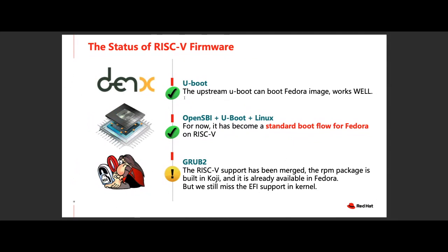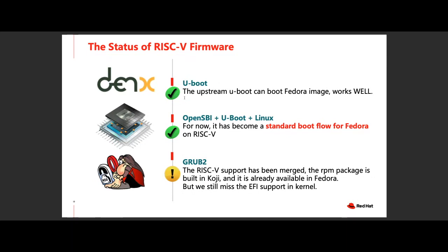After introducing some Linux distributions, we also need to care about the firmware running on RISC-V. The good news is we already have OpenSBI running on it, and OpenSBI plus U-Boot is the standard boot flow for Fedora right now. If we have Grub and UEFI, we may be able to switch later to a more enterprise and PC-like firmware.